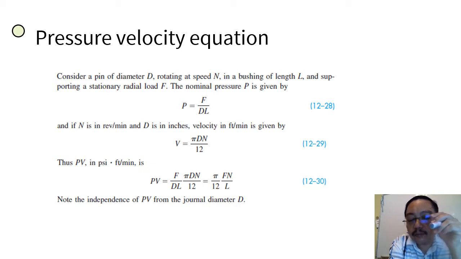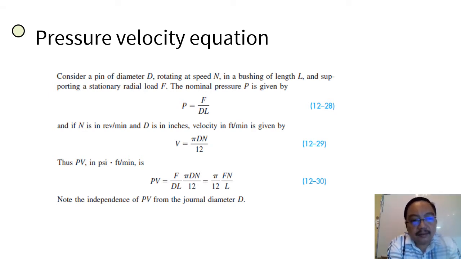P equals F over d l, and d times l is an area. n is revolutions per minute and d is in inches. Velocity is given by this equation, V equals pi d n over 12.